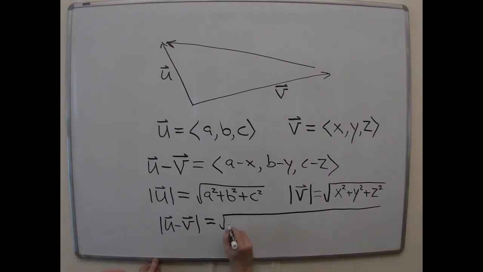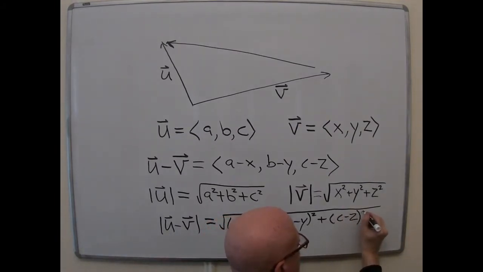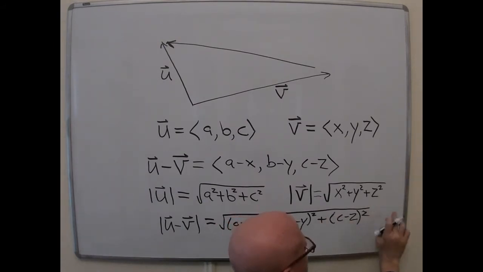I hope I don't need all of that space, but I've got it there just in case. The square root of (a minus x) squared plus (b minus y) squared plus (c minus z) squared. I practically did need all of that square root, but let's get rid of that little stub on the end.